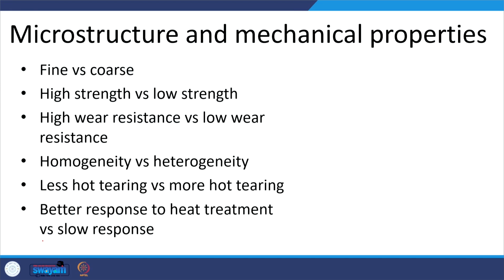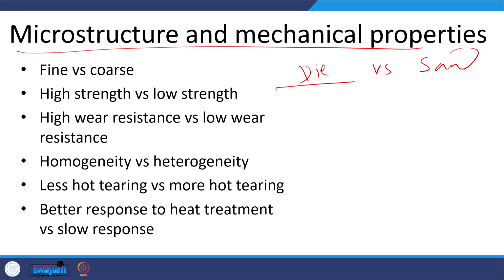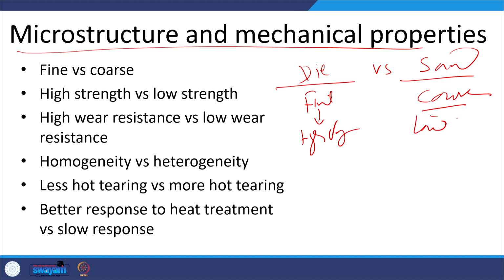Okay. So, now we will be comparing these things with regard to the microstructure and mechanical properties for die casting versus sand mold casting. In die casting, the higher cooling rate results in a fine grain structure, while in sand mold casting the low cooling rate results in a coarse grain structure. The fine grain structure results in higher strength, as compared to sand mold casting, which results in lower strength.